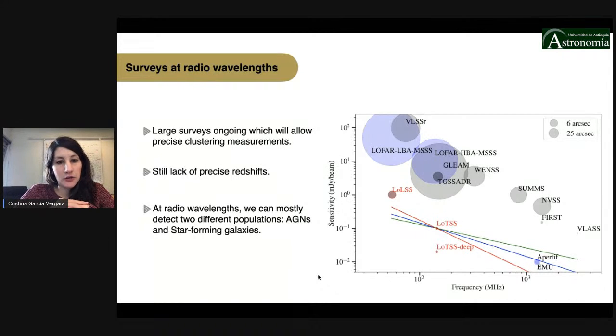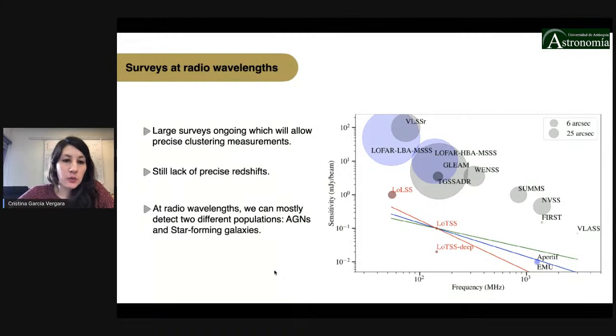This procedure is a little bit different than in optical and at low redshift, because in this case we have to look for the counterpart of the source at other wavelengths and then check what the redshift of the source is. And normally that is done using SED fitting or other techniques. Then to really obtain redshifts of the sources, we need to explore a region of the sky in which we also have information at other wavelengths. This is an important point.